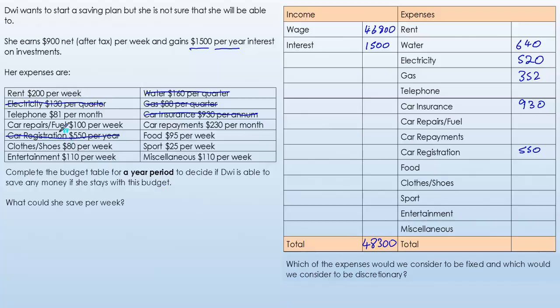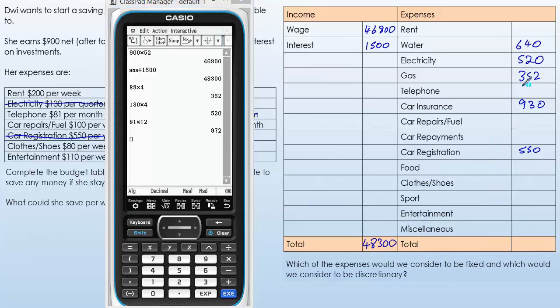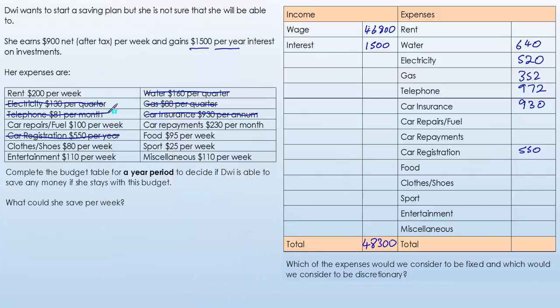And now let's do some of the monthly ones. So we'll multiply those by 12. So telephones, 81 times 12, 972. So let's just cross that one off.